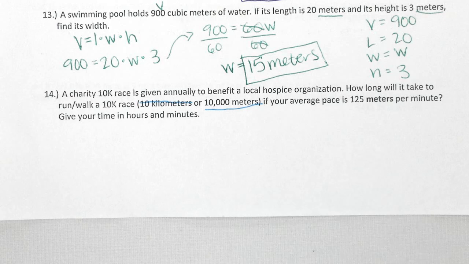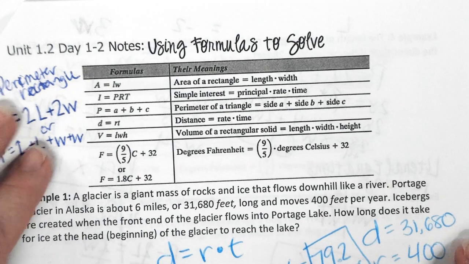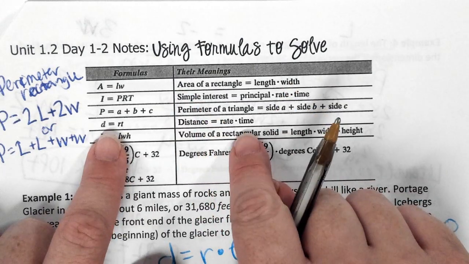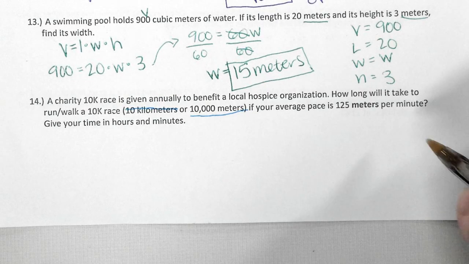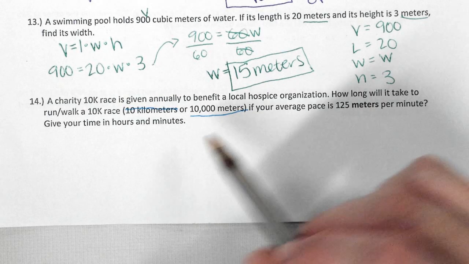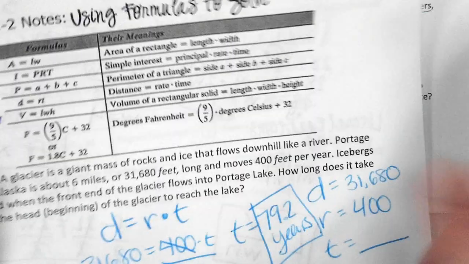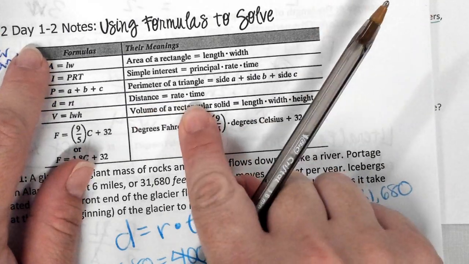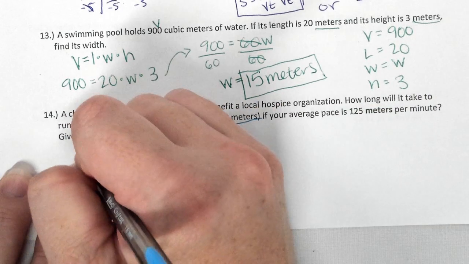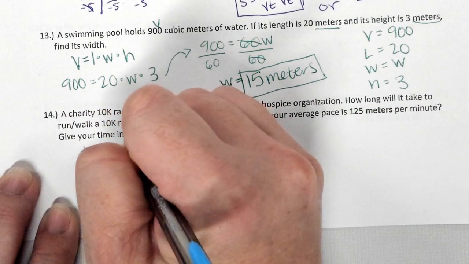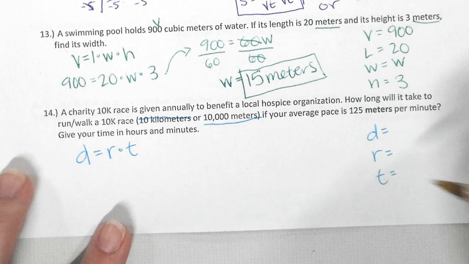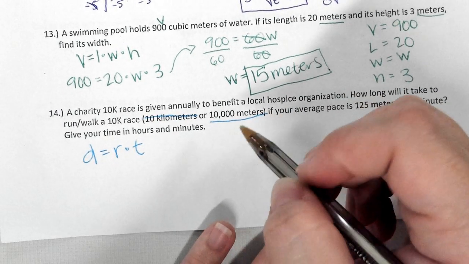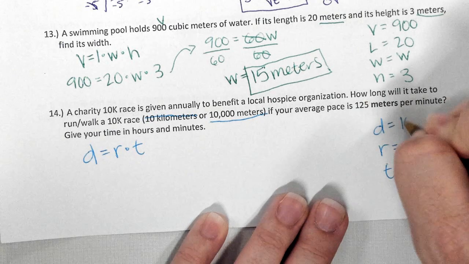And again, which formula do you think we're going to use? Well, we had a rate, we had a distance, and then it said give time in hours and minutes. So we don't know time. So distance equals rate times time. Okay, so I know my total distance is 10,000 meters.